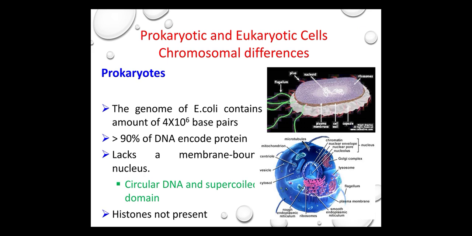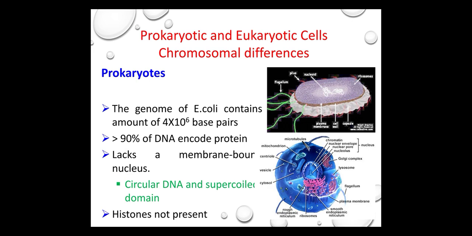So what do you mean when you say prokaryotes? The chromosomal differences between prokaryote and eukaryote cells: the prokaryote genome of E. coli contains 4 times 10 raised to 6 base pairs. 90% of the DNA encodes protein, and it lacks a membrane-bound nucleus.